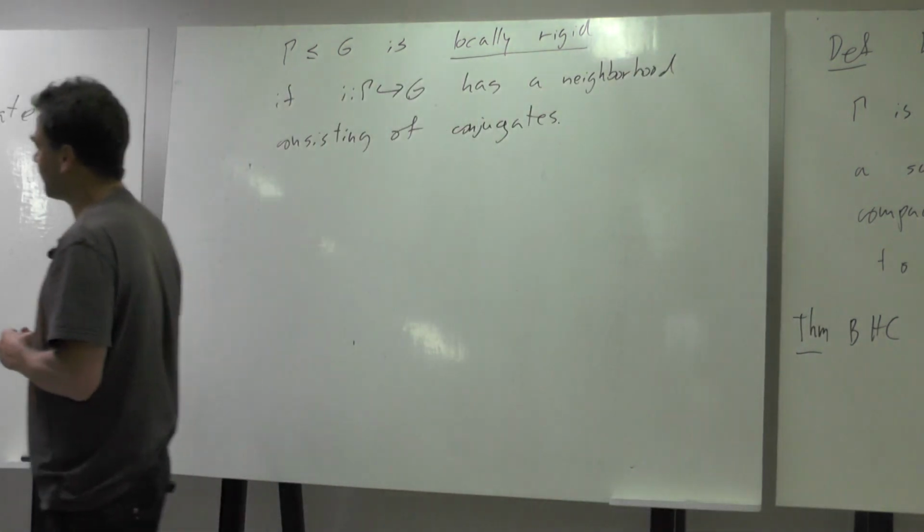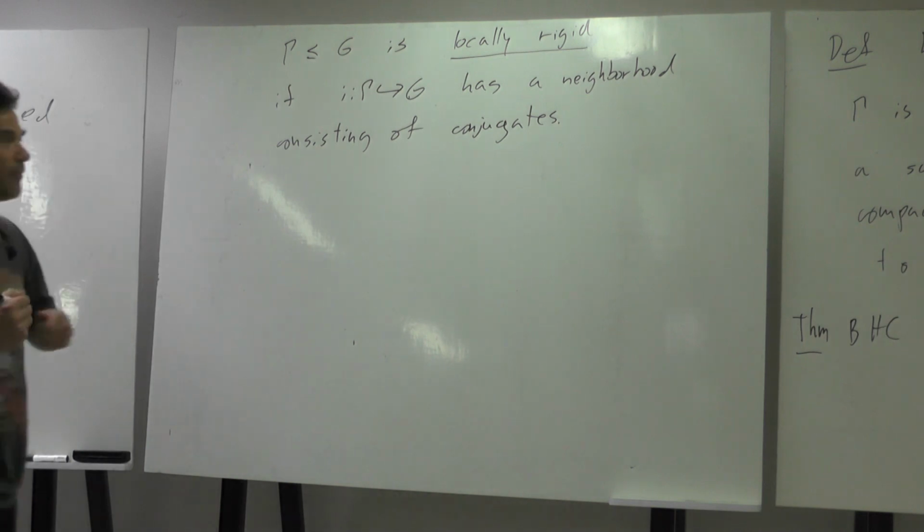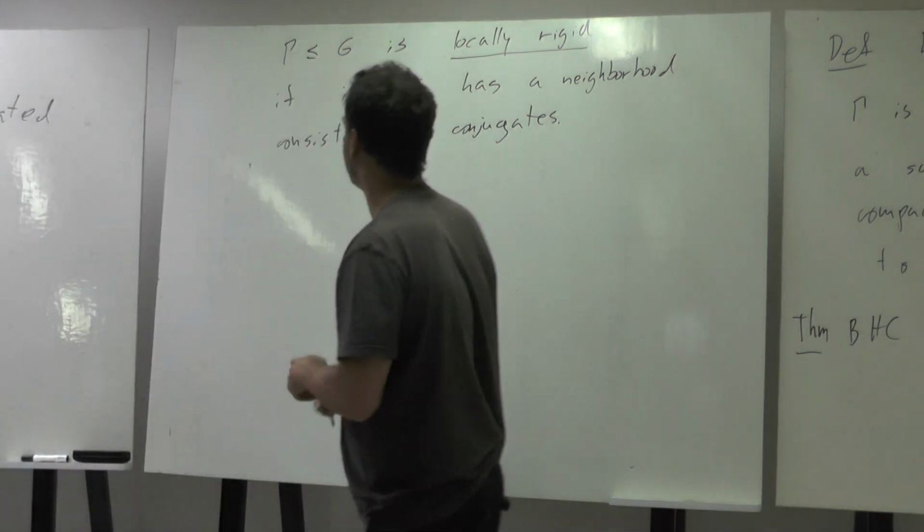So this is the definition of locally rigid. And we know that lattices in SL2R are not locally rigid. You can see it from Teichmüller theory. You can deform the hyperbolic structure in many ways.